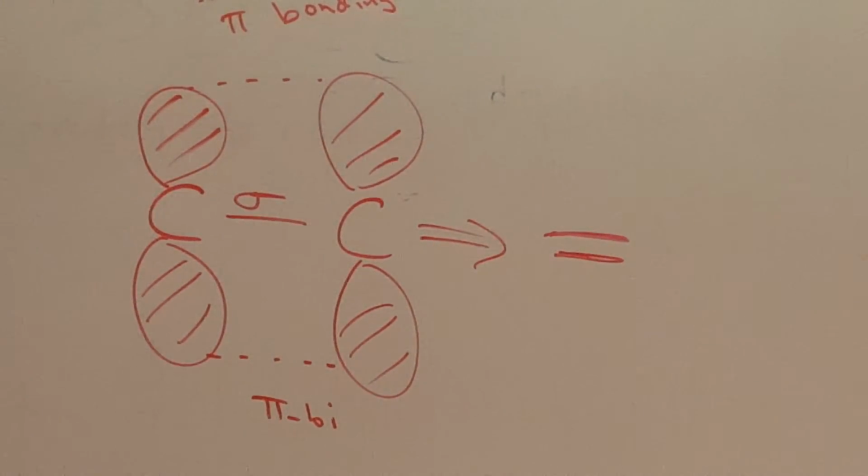All right. Now, triple bond, I believe you gotta have, what is it? Two, yeah. Was it one sigma bond and four pi bonds, right? Yeah, one sigma bond and 4 pi bonds.